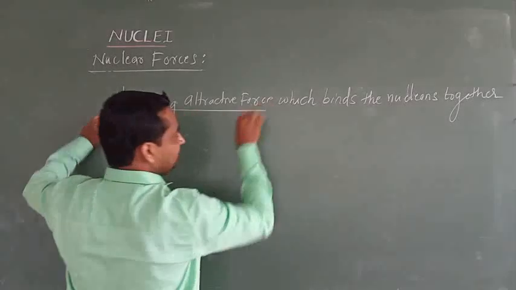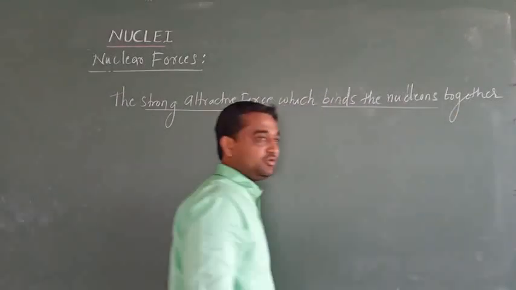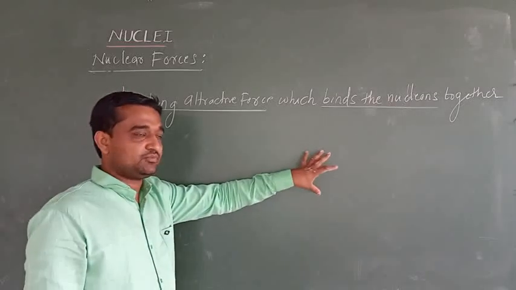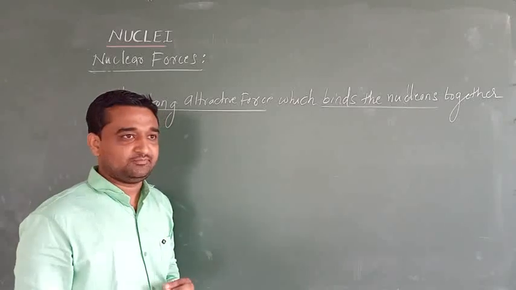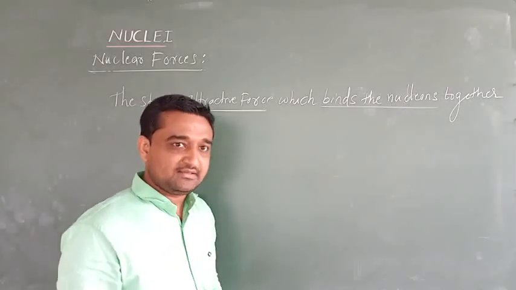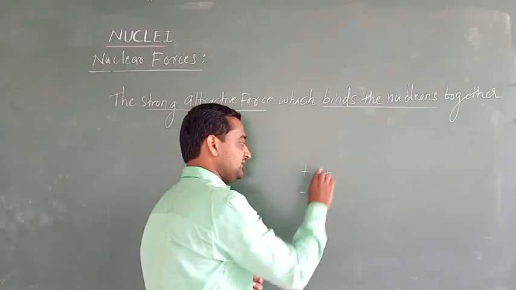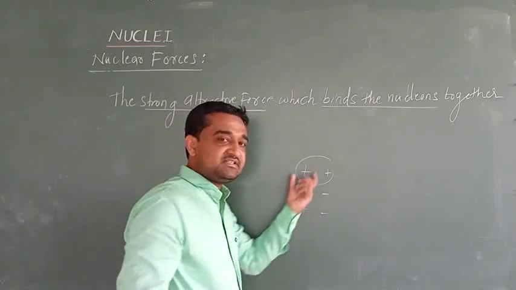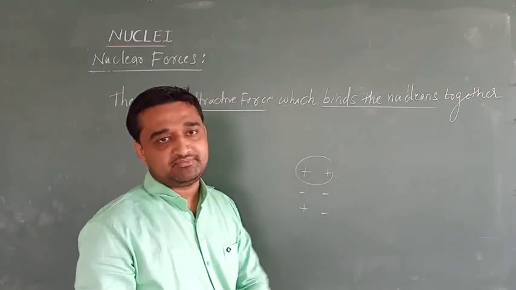The important thing is the strong attractive force which binds the nucleons, because you know that inside the nucleus only protons having plus charge are present, and neutrons are electrically neutral. Like charges repel. If this repulsion happens inside the nucleus, that nucleus will not be stable.